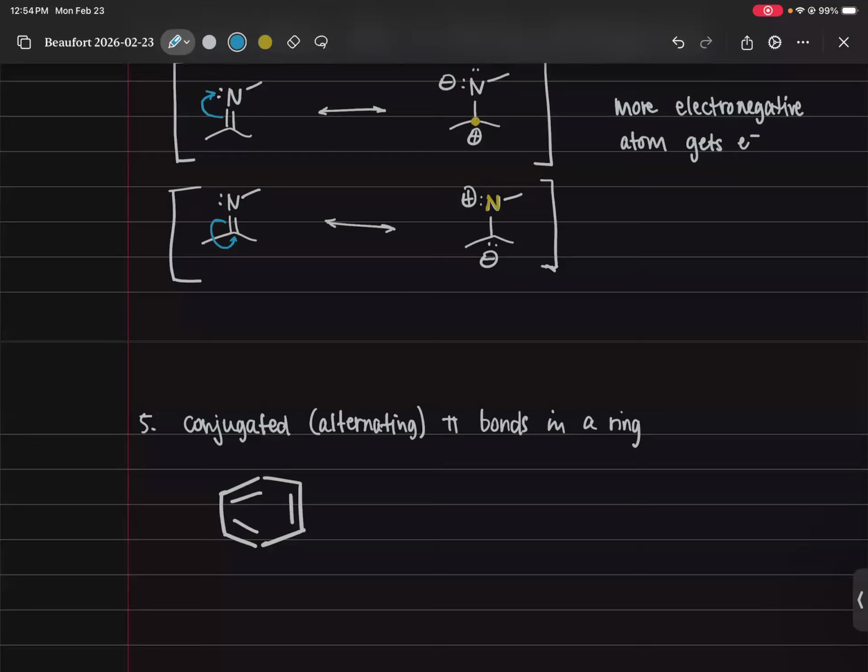And this is a unique property of rings like this. And this is one of the reasons why these molecules are really stable and really common. So in this case, we're moving each pi bond clockwise by one position.